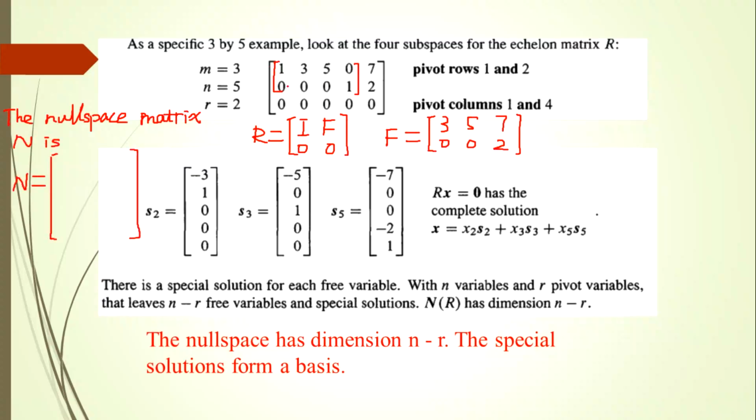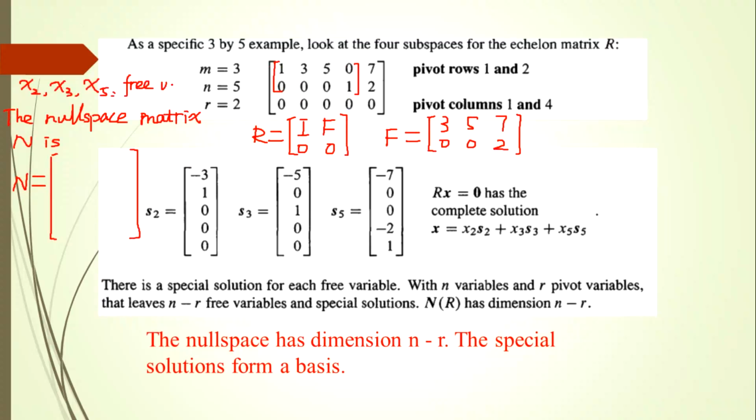Here, x1 and x4 are pivot columns. So the first and the fourth columns are pivot columns. So x1 and x4 are pivotal variables. So x2, x3, x5 are free variables, right?